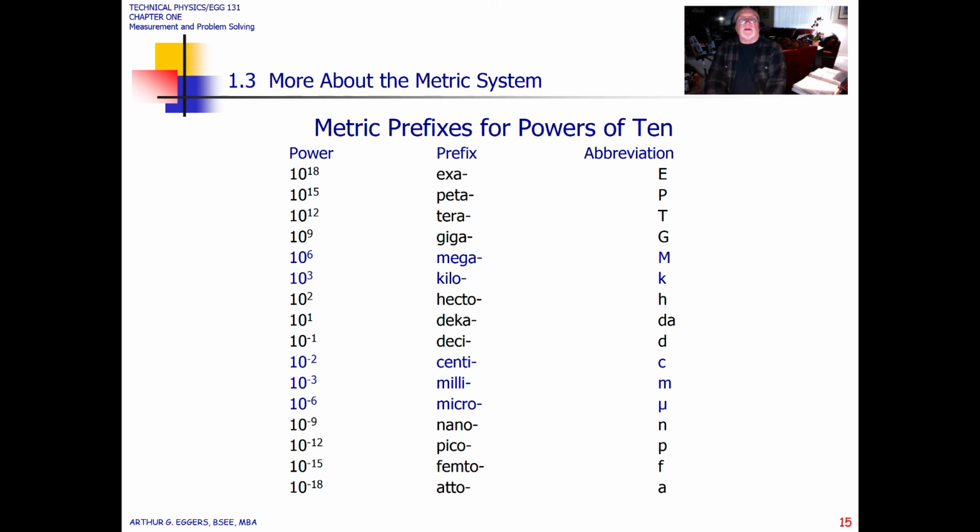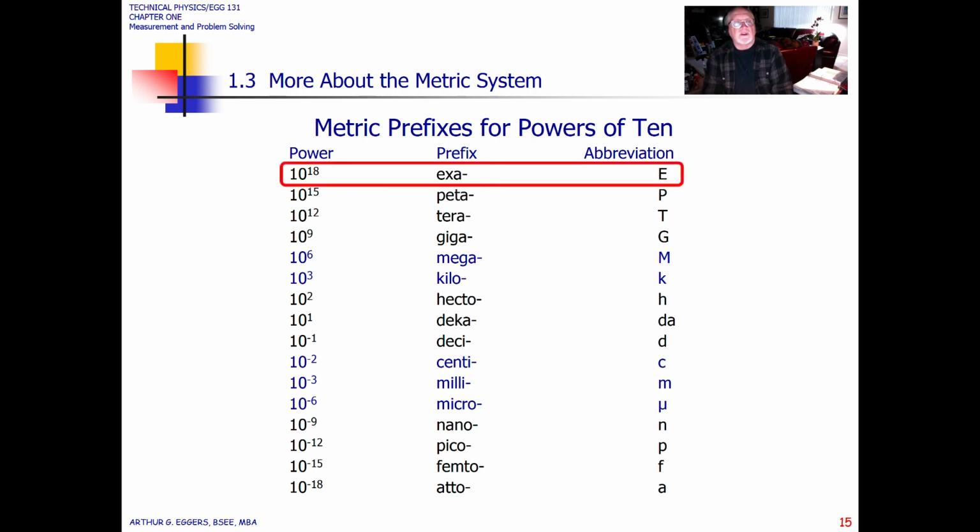A very important measure for understanding the size of a unit, typically used in scientific and engineering applications, is the metric prefixes, or those that relate directly to powers of 10. If we look at the uppermost measures on this chart, 10 to the 18th power, that's 10 times itself, 18 times, we come up with a prefix we call exa.